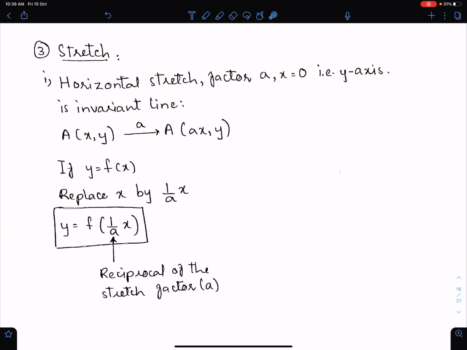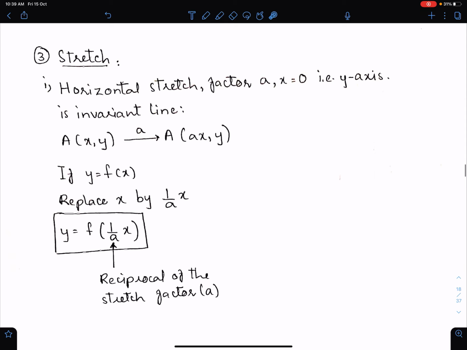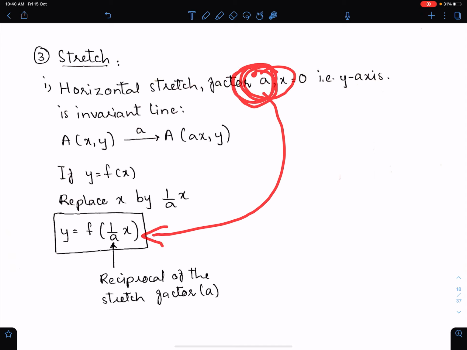Stretch. Number one, horizontal stretch. Factor a, and x is equal to 0, meaning the y-axis is invariant. In horizontal stretch, we use the reciprocal of the stretch factor while finding the equation of the resulting graph. Always use the reciprocal of the stretch factor.